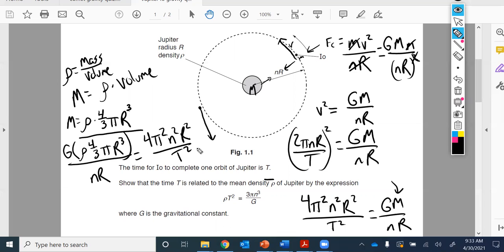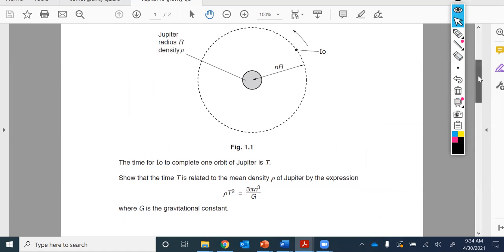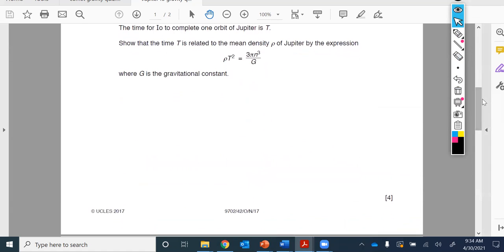G rho 4/3 pi capital R cubed over NR equal to 4 pi squared n squared r squared over t squared. Everybody got all that? Good. Give myself a little bit more space here to work through it. So if you didn't follow all that, just hit pause, rewind the tape a bit, get it all down, and then rejoin us when you're done.